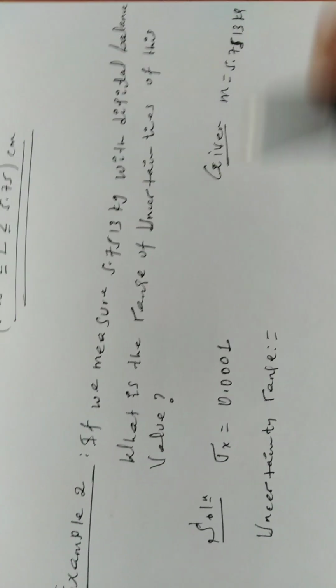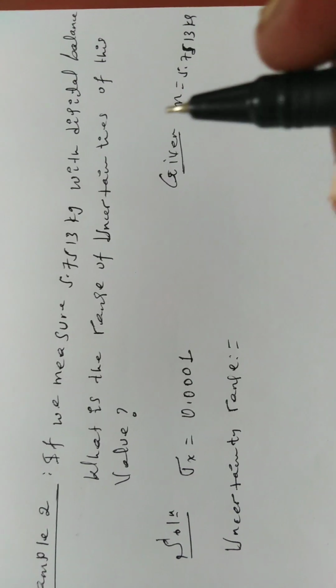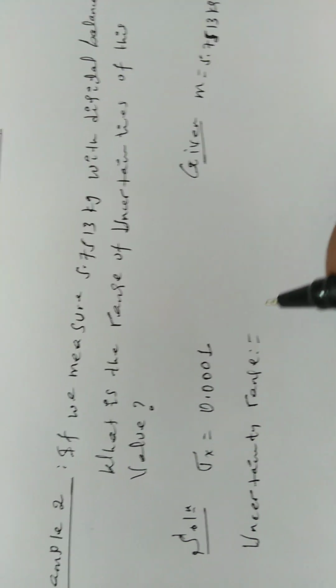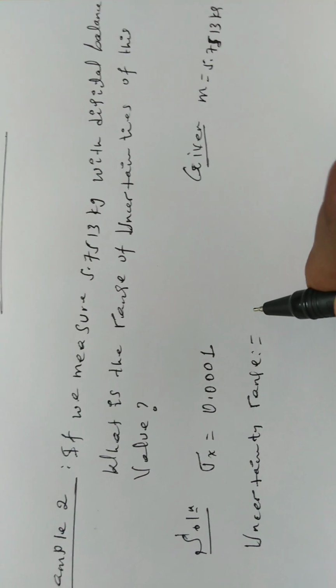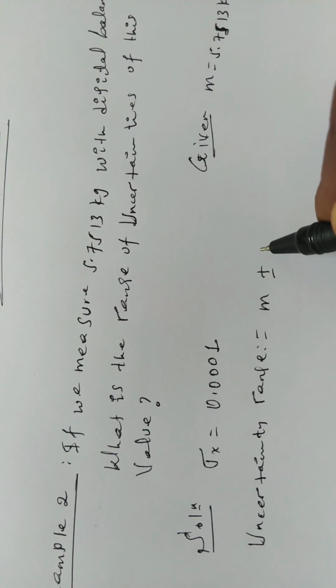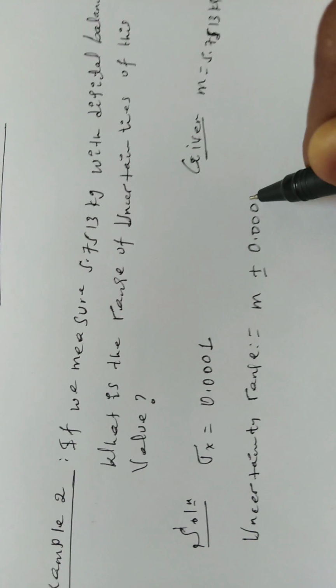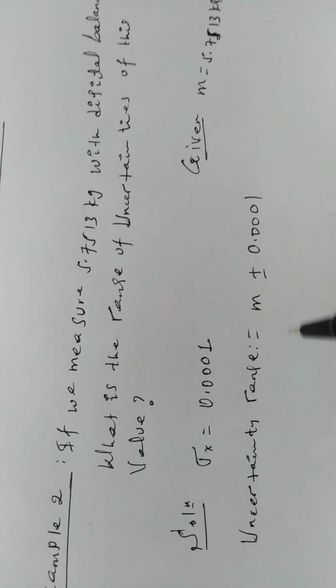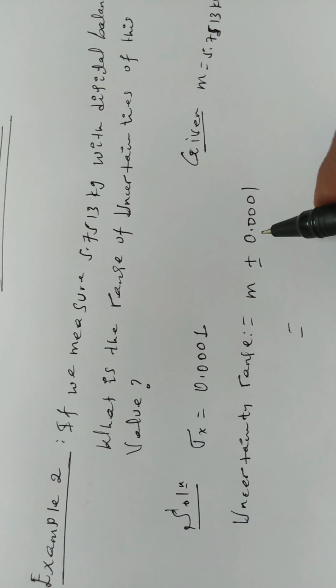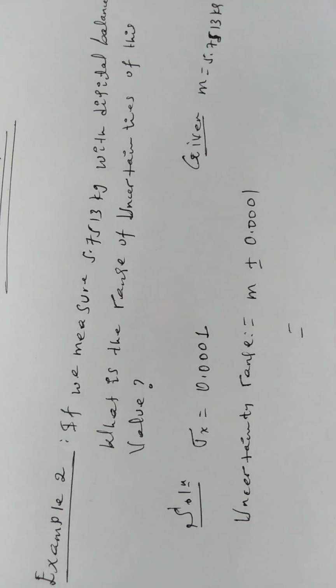So the uncertainty range is equal to our given mass plus or minus 0.0001. First we subtract 0.0001 from this given mass.